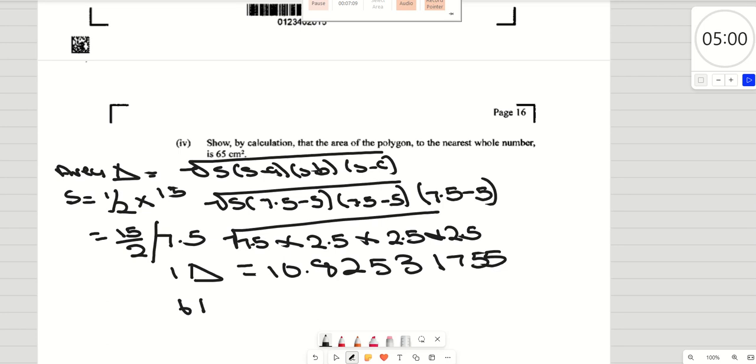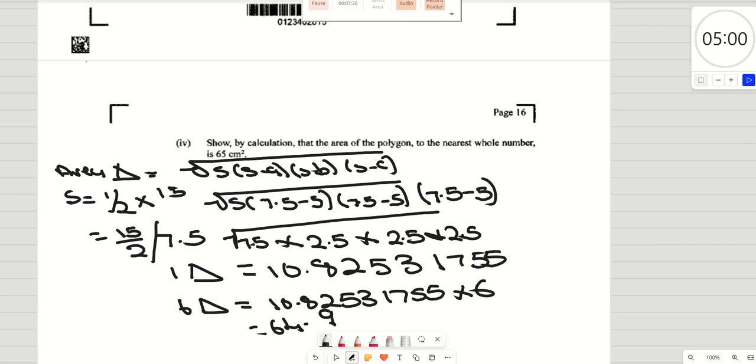But how many triangles do we have? We have 6 triangles, so that's the area of one triangle multiplied by 6. So that's 10.82531755 multiplied by 6. When you multiply by 6, you're going to get an answer of 64.95190528.